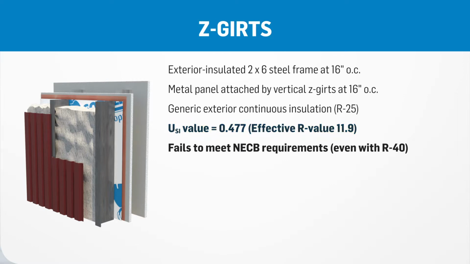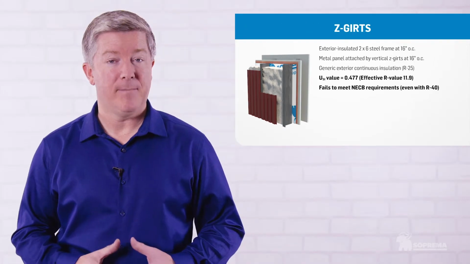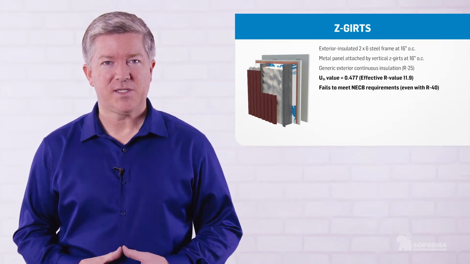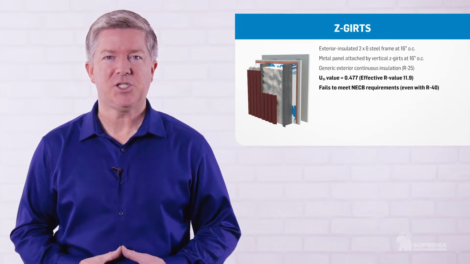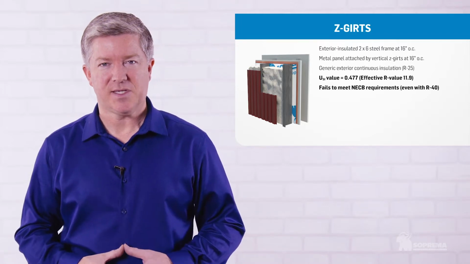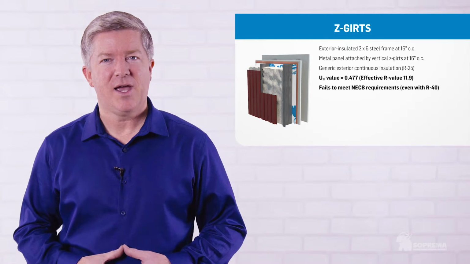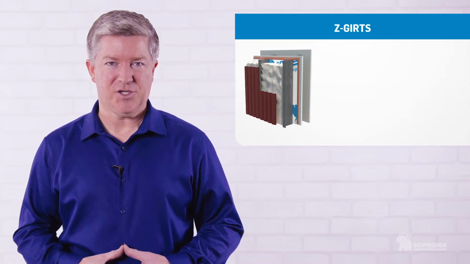We put a nominal exterior insulation value of R25, but end up with an effective R value of only 11.9, a pretty high loss. Even if we added external insulation up to R40, it would not be enough to meet the code requirement. One lesson to be learned is that continuous exterior insulation must be continuous. If insulation is interrupted every 16 inches by a piece of metal, as in this assembly, we do not hit the target, and that's why this assembly is so inefficient.